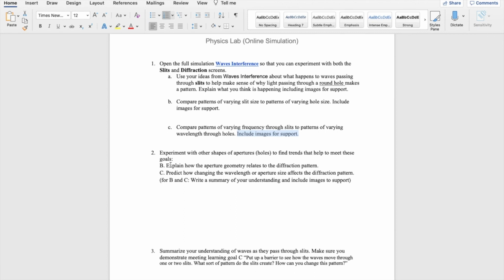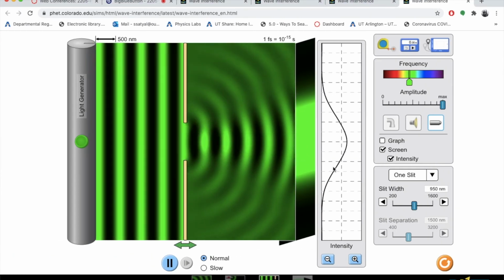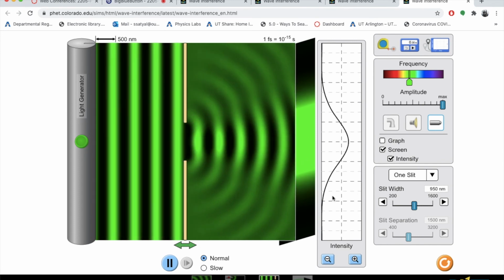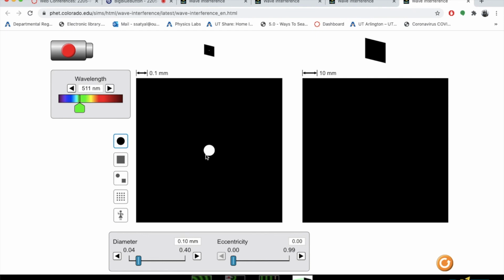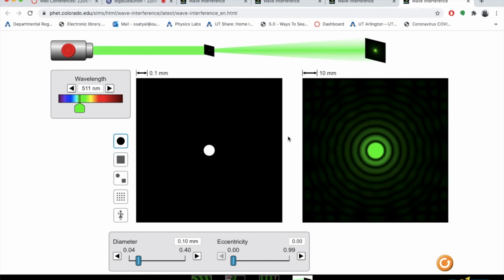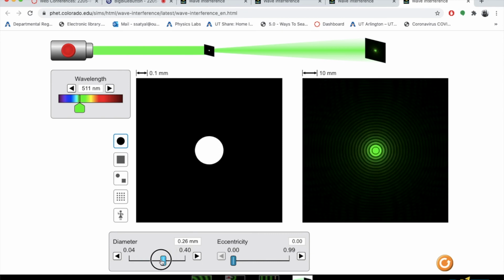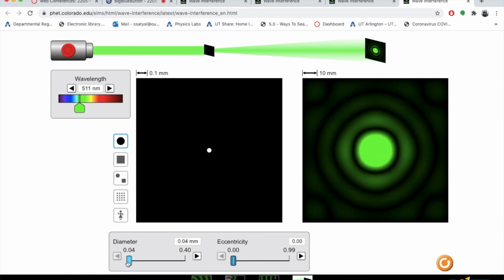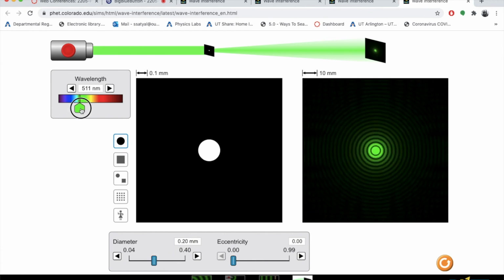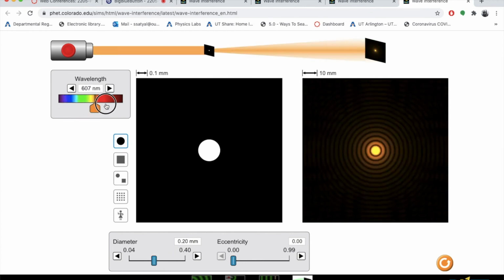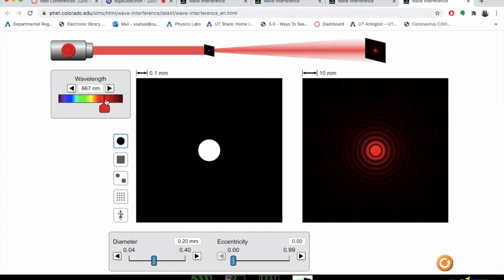So yes, again, explain how the aperture geometry relates to the diffraction pattern and predict how changing the wavelength or aperture size affects the diffraction pattern. After completing all these experiments, in this one here, you have to write down how changing these different aperture shapes and sizes affects the diffraction pattern, and also how changing the wavelength changes your diffraction pattern.